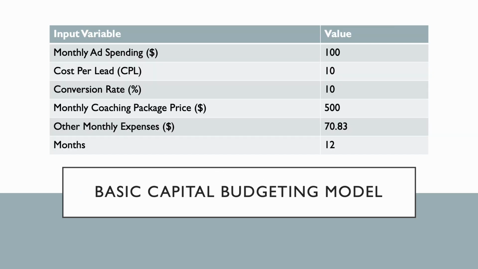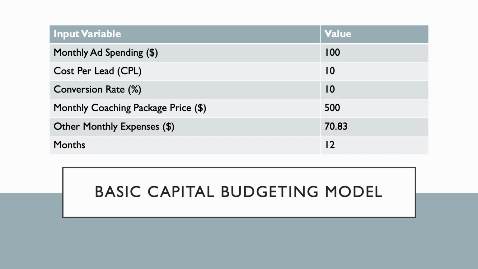We need to create a basic capital budgeting model. This is an important step in our sensitivity analysis because it creates the foundation for testing changing variables. If you're using Excel, you can use this table as the control center for the rest of your tables. So here in our table, we have our input variables with the value.